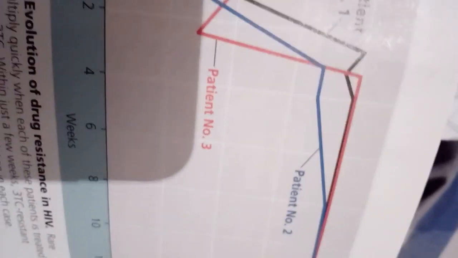Scientists designed 3TC to interfere with reverse transcriptase, the enzyme HIV uses to copy its RNA genome into the DNA of the human host cell.